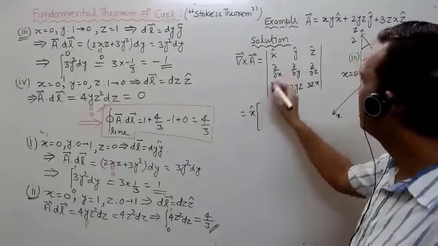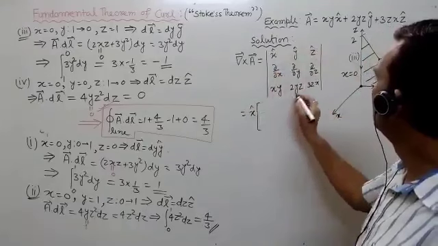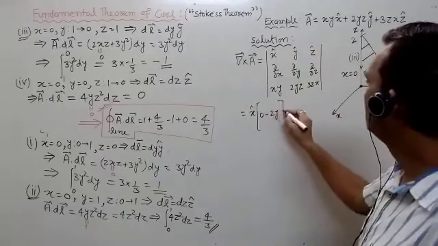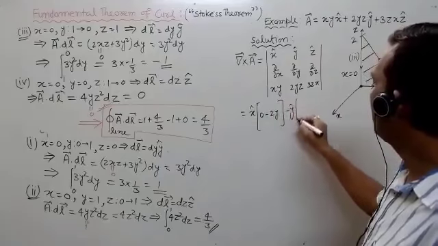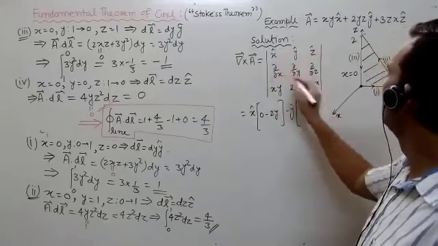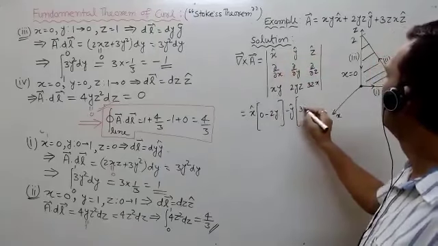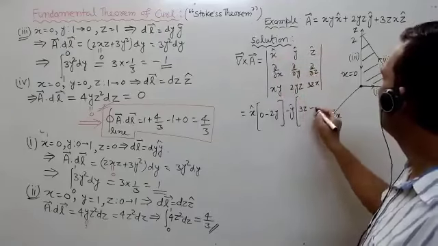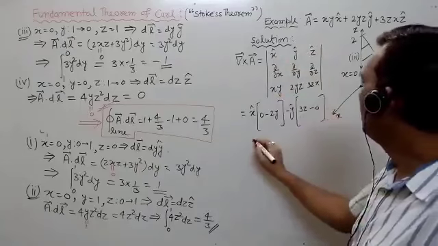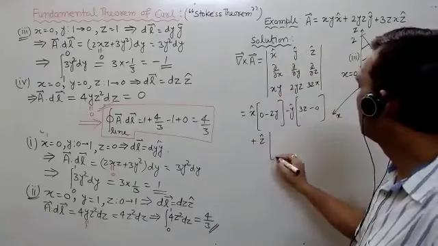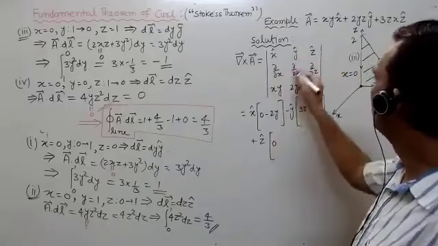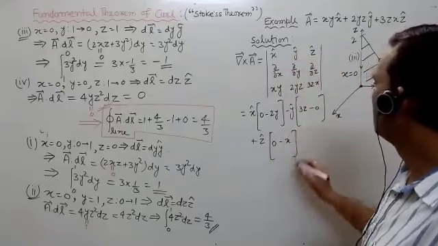So x cap is 0 minus 2y, and minus y cap is 3z minus 0, and plus z cap is 0 minus x.